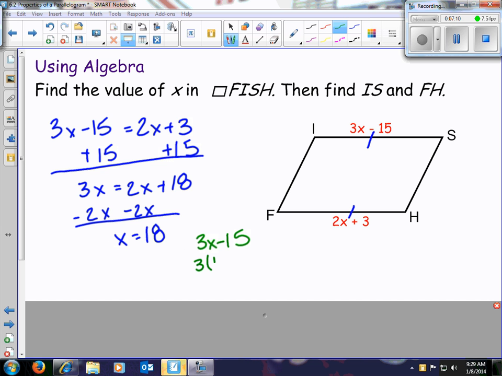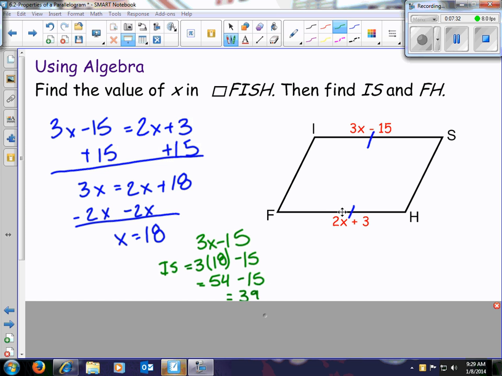So I have 3 times 18 minus 15, and this is IS. And we have 3 times 18, which is 54. So I have 54 minus 15, which is 39.